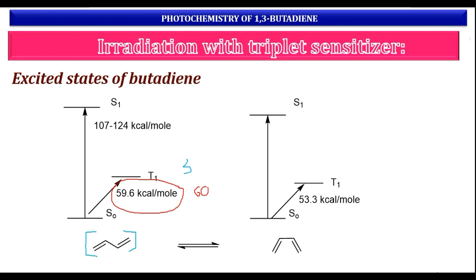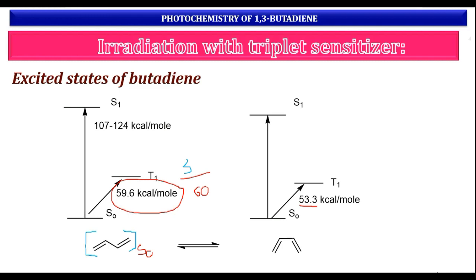So how much is required? Approximately 60, if you want to convert the S-trans isomer from the singlet ground state to the triplet excited state. For the cis conformation, how much energy is required? Just 53.3.